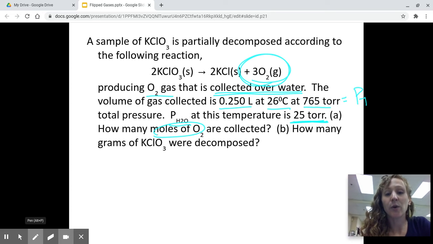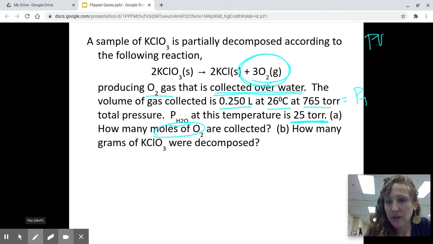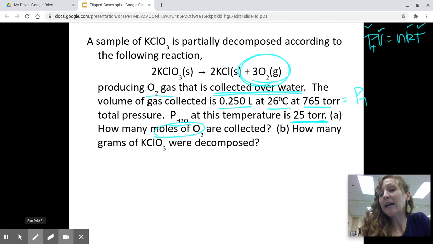All right, so we have PV equals nRT. We have pressure total, we have volume total, we have R and T total, which means we can find n total.